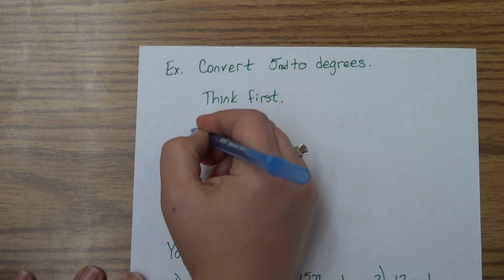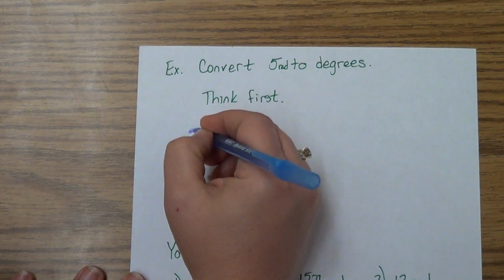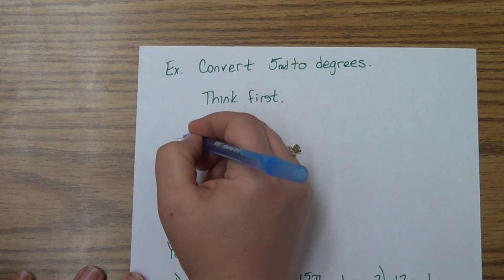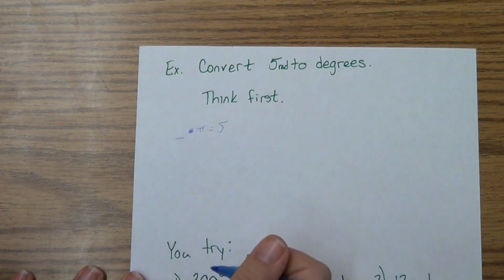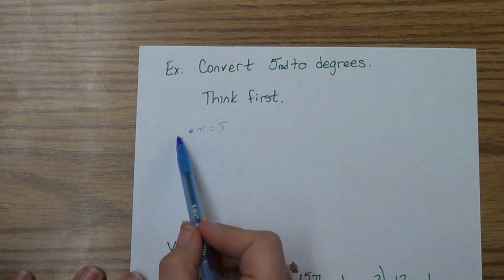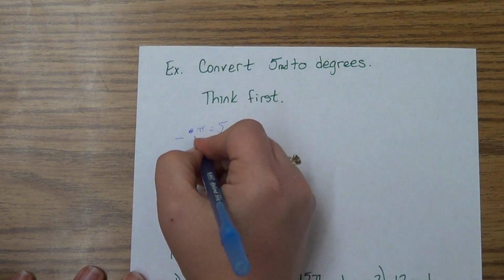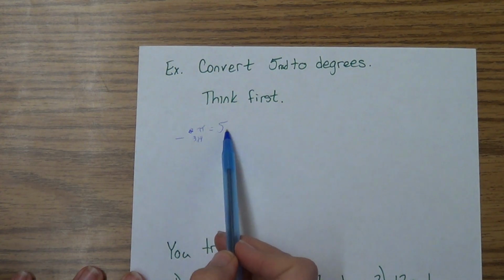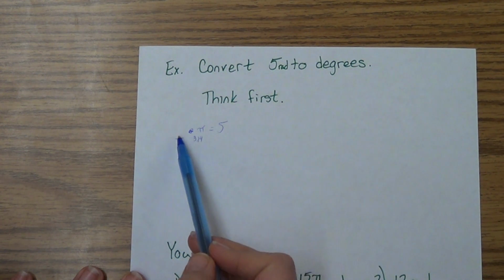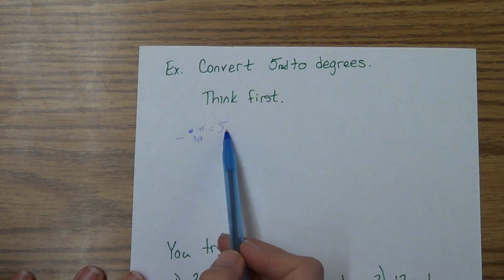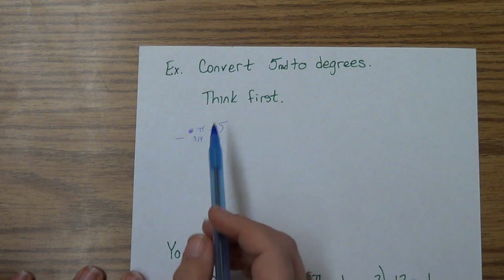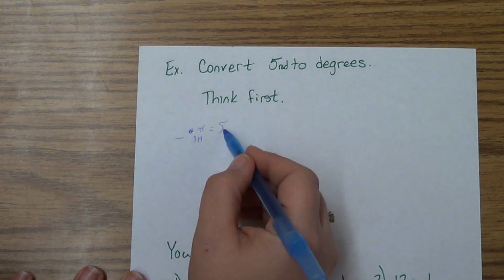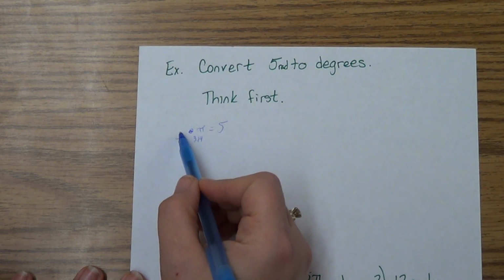So something times pi has given us 5. Remember pi is a little bit more than 3, right? So something times pi equals 5. Well, obviously it's a little bit less than 2 because 2 times 3 would be 6. So what times pi equals 5 is going to be a little bit less than 2.